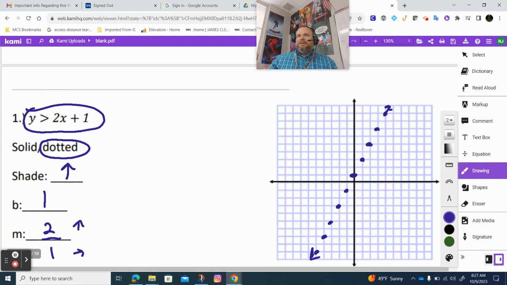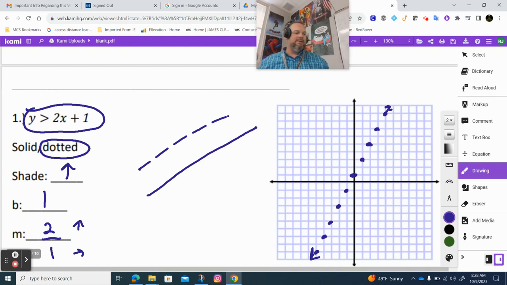I'm not super picky. There needs to be a definite difference between this and this, some type of defining thing that I can tell if it's solid or dotted.